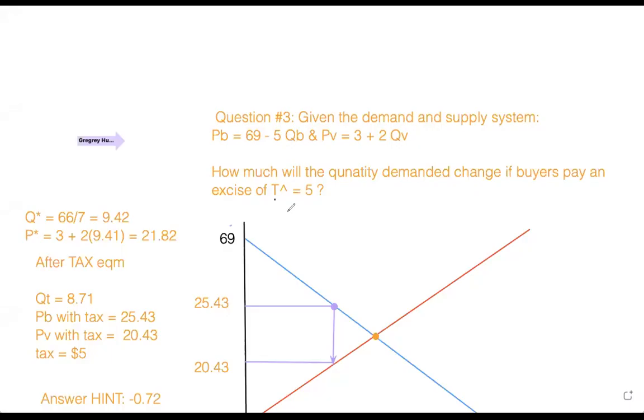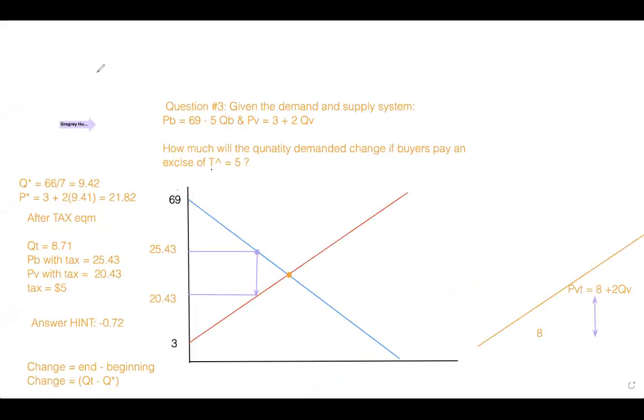So the definition of tax burden is how the tax is divided between the two participants, and how you see that on the diagram is, let me talk to somebody.